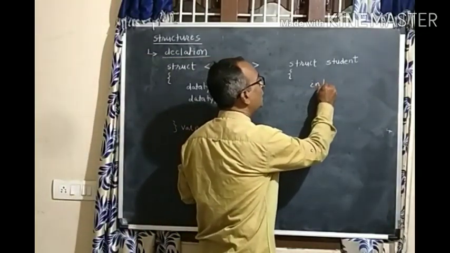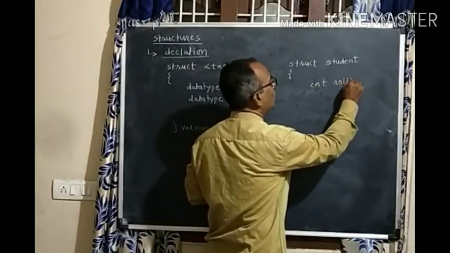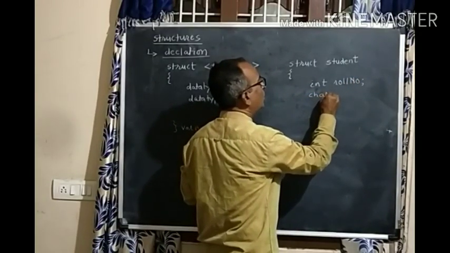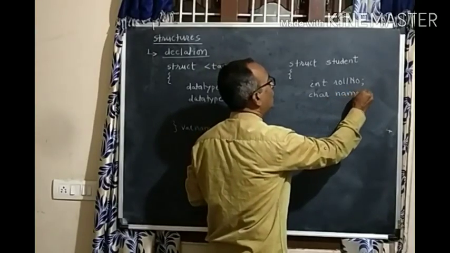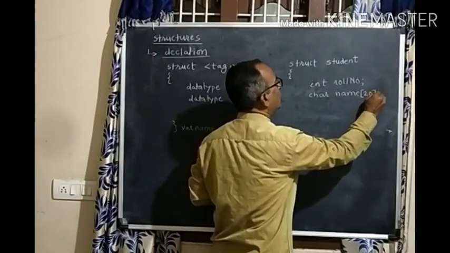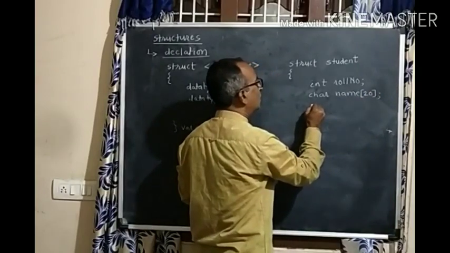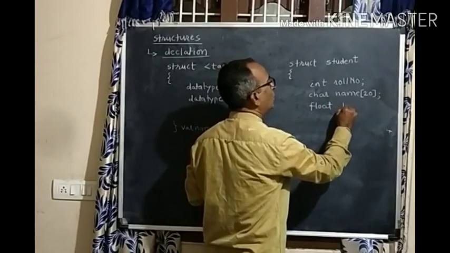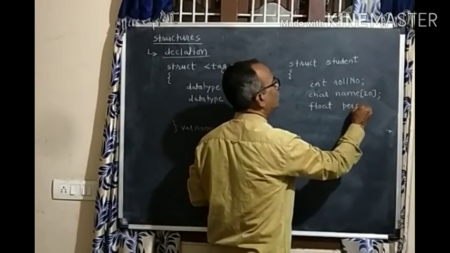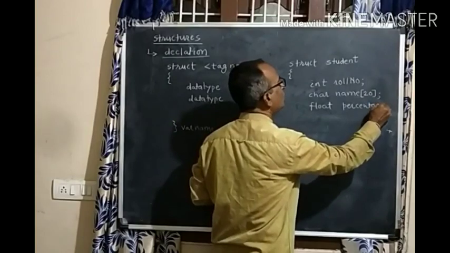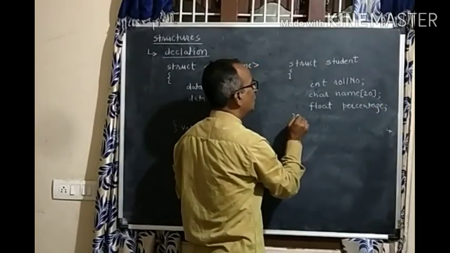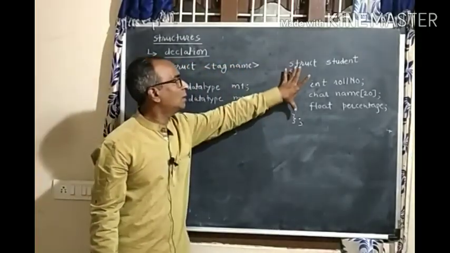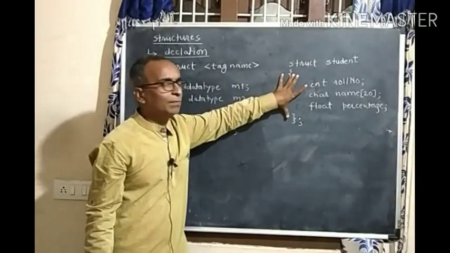So I'll say int roll number. Suppose I want to give name, so char name of some 20 characters, then float percentage. Now this can be a student's logical information.